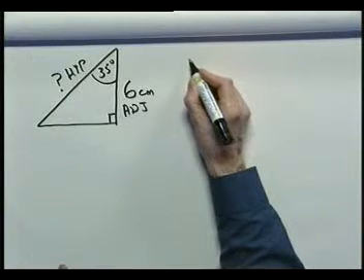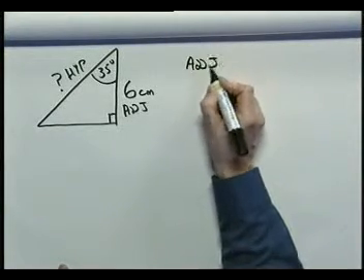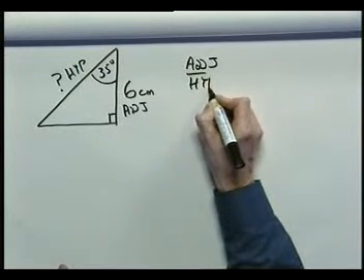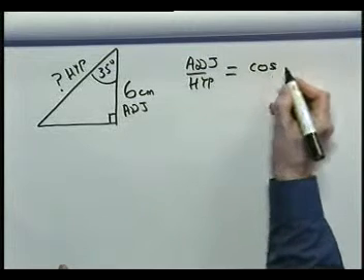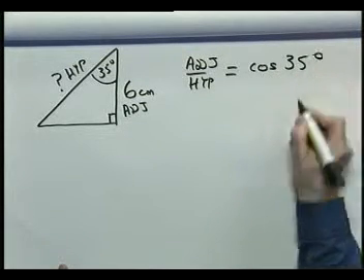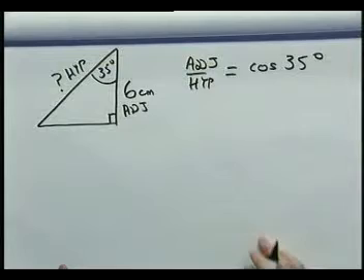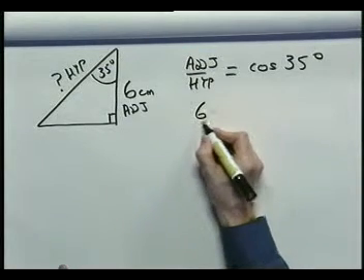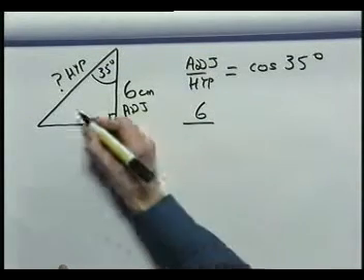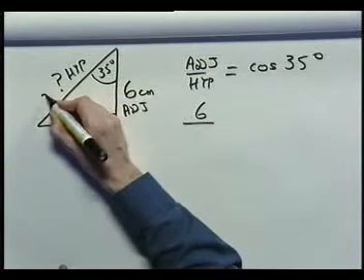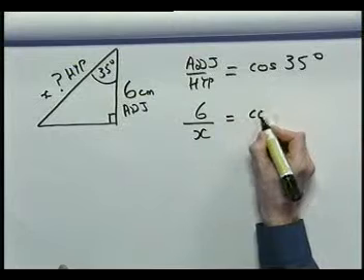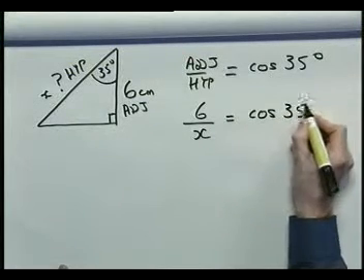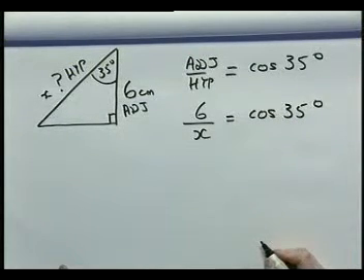And so we have adjacent over hypotenuse is equal to the cosine of 35 degrees. The adjacent side is 6. Let's call the hypotenuse x. So 6 over x is equal to the cosine of 35 degrees.